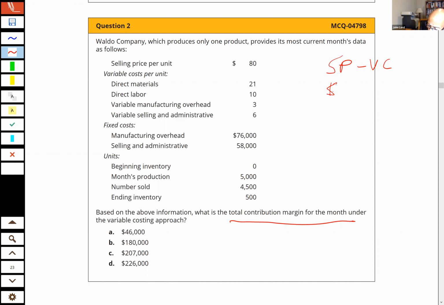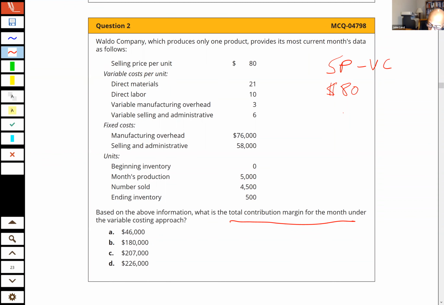So we'd have the $80. And when you're taking the exam, I recommend that you write these numbers down. I know it's tempting to just go to the calculator and start pumping in numbers, but then you make a mistake in how you pump the numbers in, and then you've got to go back and figure out everything again. So you're better off writing down the numbers as you go, the way I'm doing.